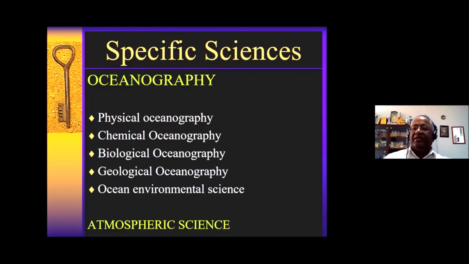Atmospheric science is very important as a basic understanding for an ocean engineer, because when you are working in the ocean, you have to know how the climate changes. For example, if you are a chief engineer in a ship, before you start your ship from Chennai to Japan, you have to know the atmospheric conditions from the starting point till the ending point.